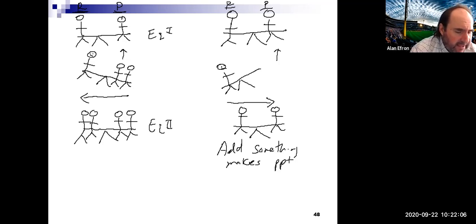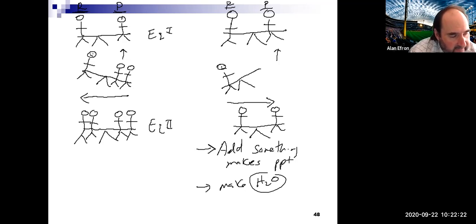Another very common way that you won't physically see: obviously if you made a precipitate, you would be able to really see it. Another common way is to make water. So if you have an equilibrium that has H plus in it or an equilibrium that has OH minus in it, and you add something that forms water, it is like removing either the H plus or the OH minus from the reaction.